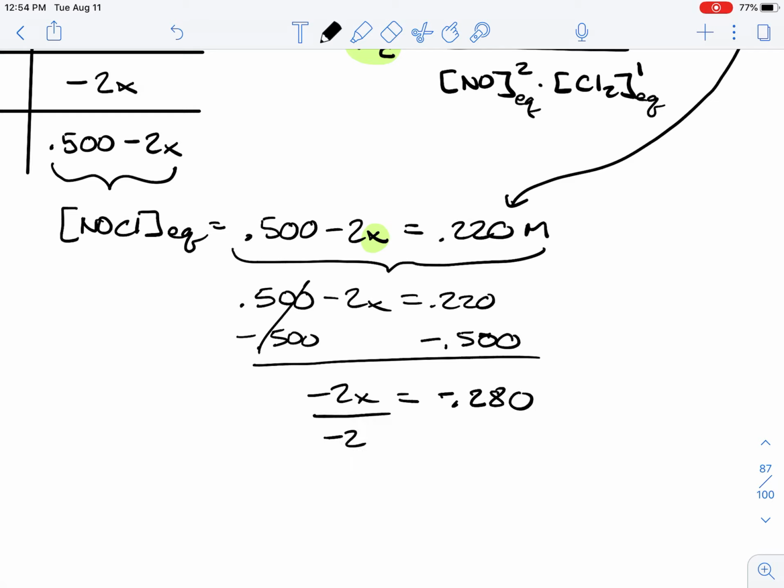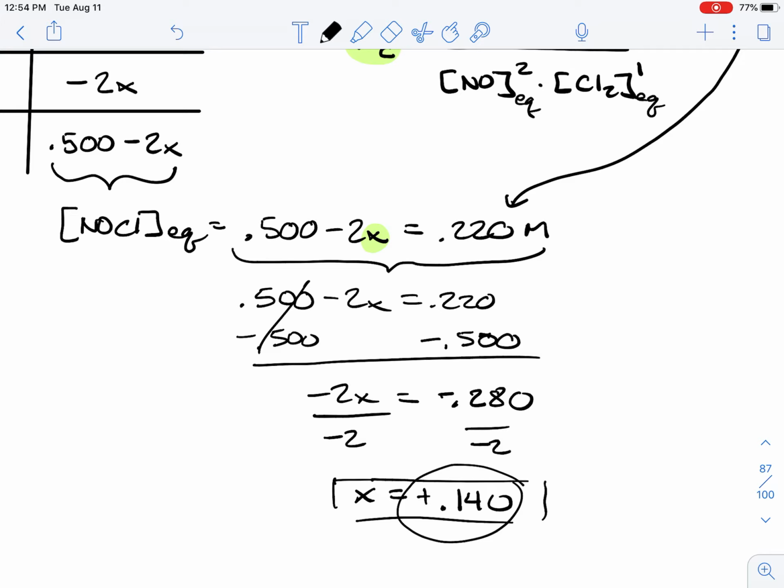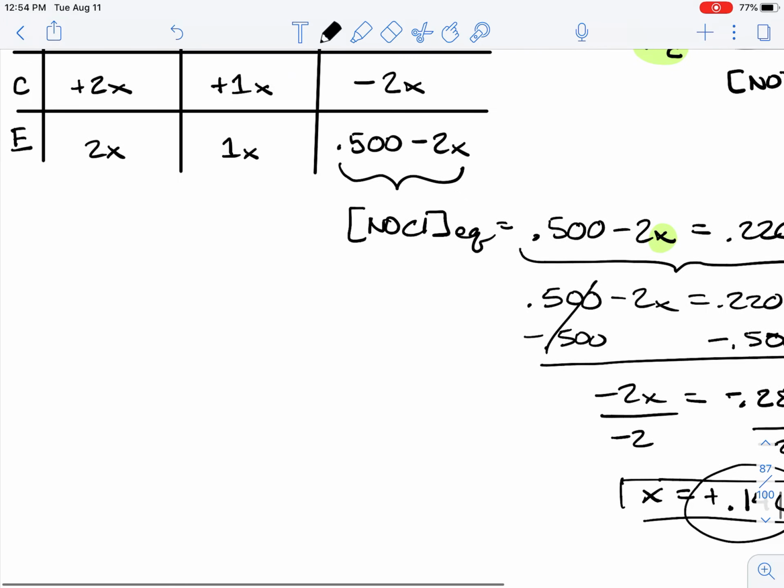Now I'm going to divide by negative 2, divide by negative 2, and so my value of x is going to be 0.140. Oh, I'm sorry, not negative, it's positive, because negative divided by negative is positive. So let me get that out. Okay. And so I'm going to go ahead and plug in this value wherever I see x.